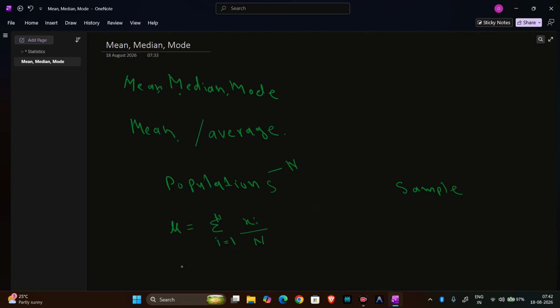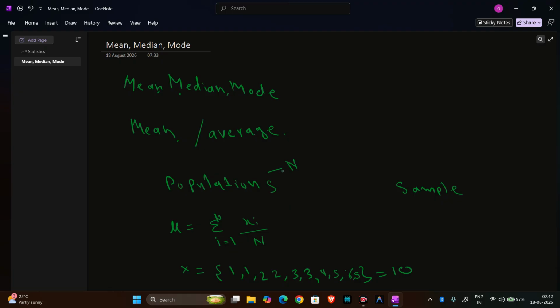So we have this data, which we are taking as population data. We have 10 values. How do we calculate the mean?